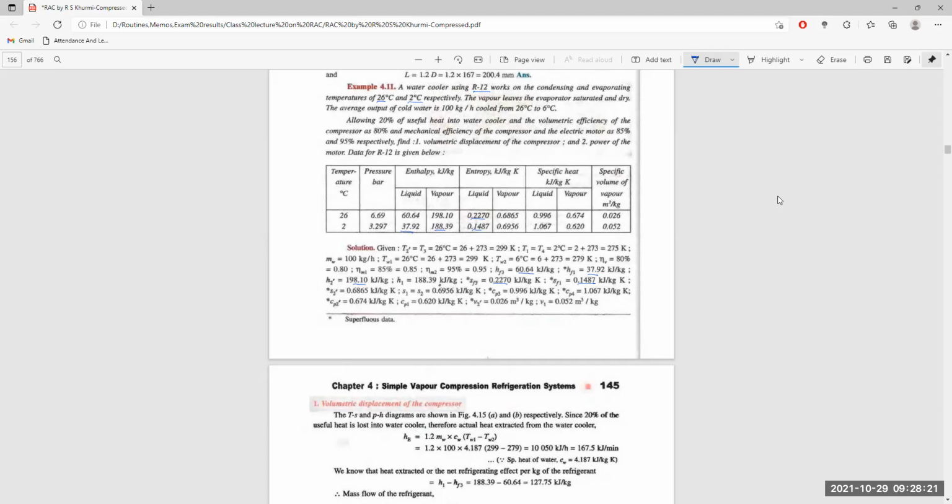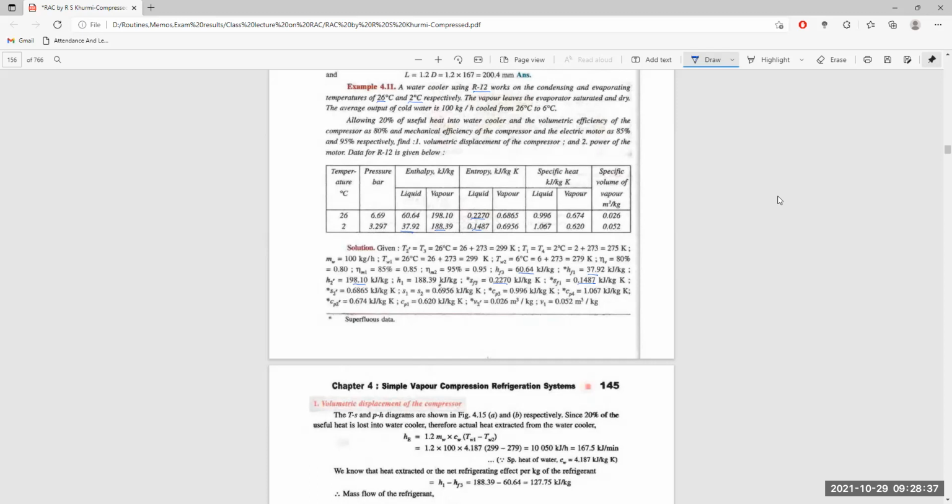Point 2 dash is situated in the condenser itself, but it is pulled from the superheated point 2, where the fluid is superheated, to point 2 dash, where the fluid becomes dry saturated.